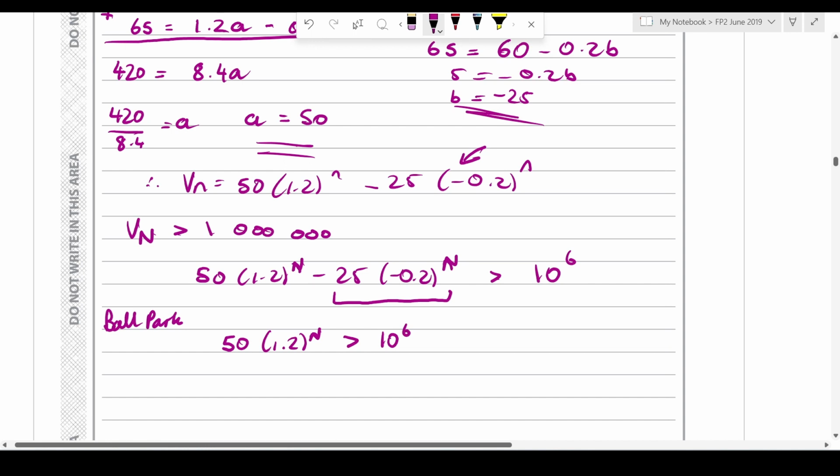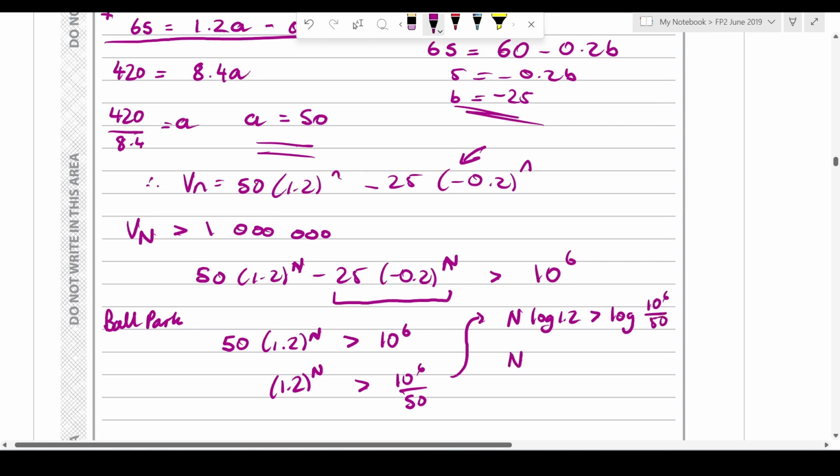And then we need to solve this. So divide by 50. And then take logs. So n log 1.2 is log 10 to the 6 over 50.